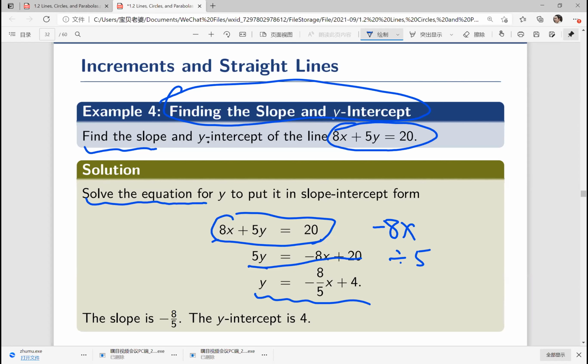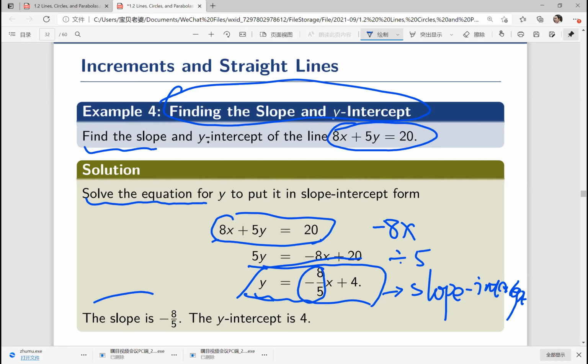So we get this equation, and this equation is called the slope-intercept equation. So the slope of this line will be negative 8 over 5, right? This is the slope of this line. And the 4 is the y-intercept of this equation, right?